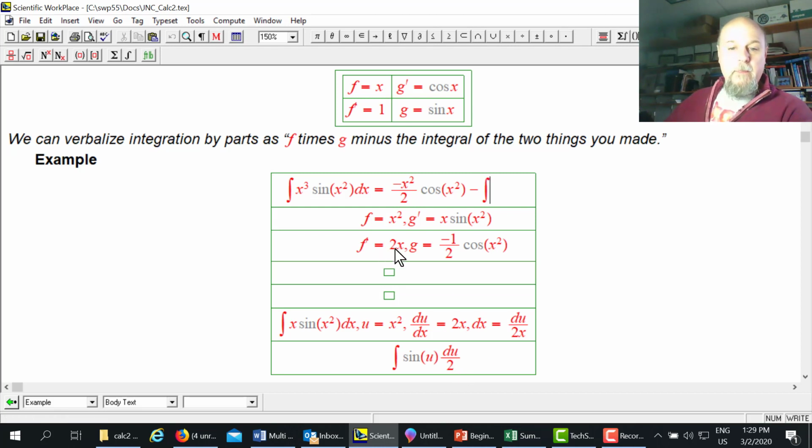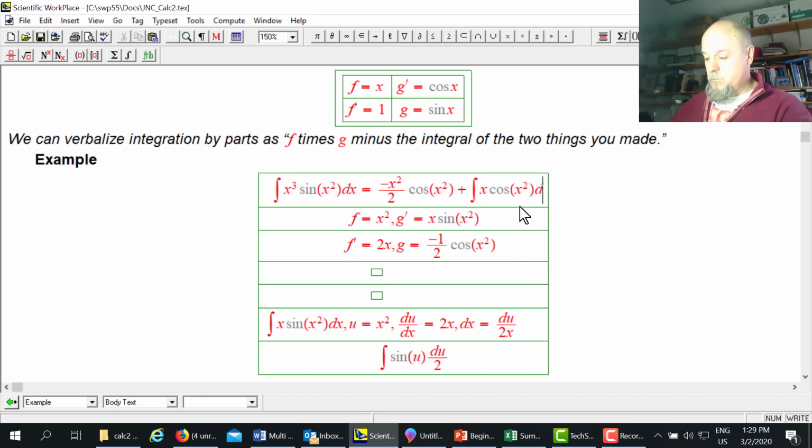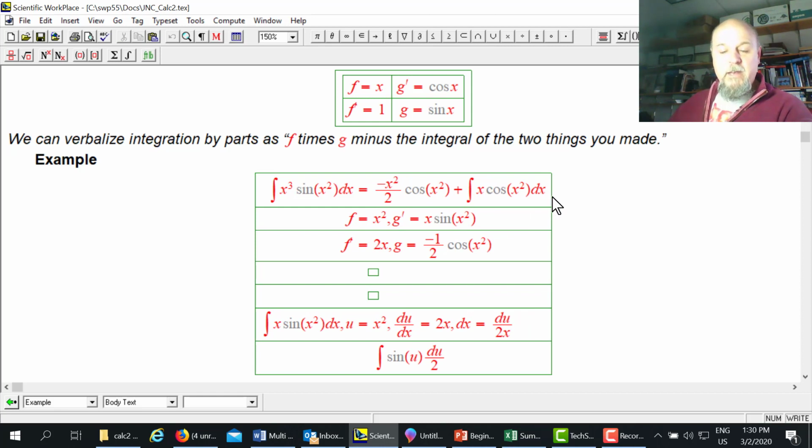The two things I made are this f prime and this g. When I multiply them together, that 2 is going to cancel this 2. This minus sign is going to come outside. It was supposed to be a minus here, but this minus sign canceled out that minus sign to make it a plus.